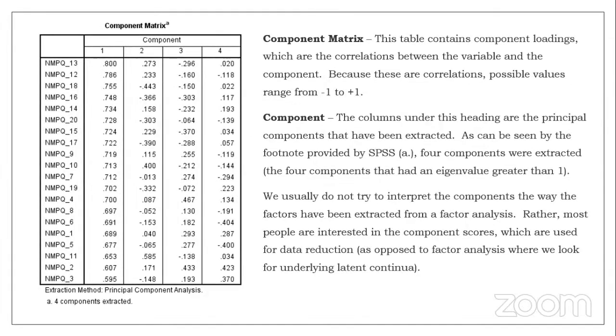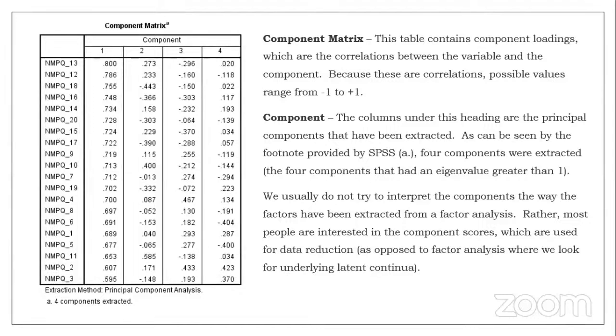Coming to the component matrix. As you can see here, this component matrix contains the component loadings. Component loadings means these are the correlations between the variable and the component. So the variables are all these items which you are seeing on the left-hand side, in the first column, NMPQ 13, NMPQ 12, like this. And these are the components 1, 2, 3, 4.